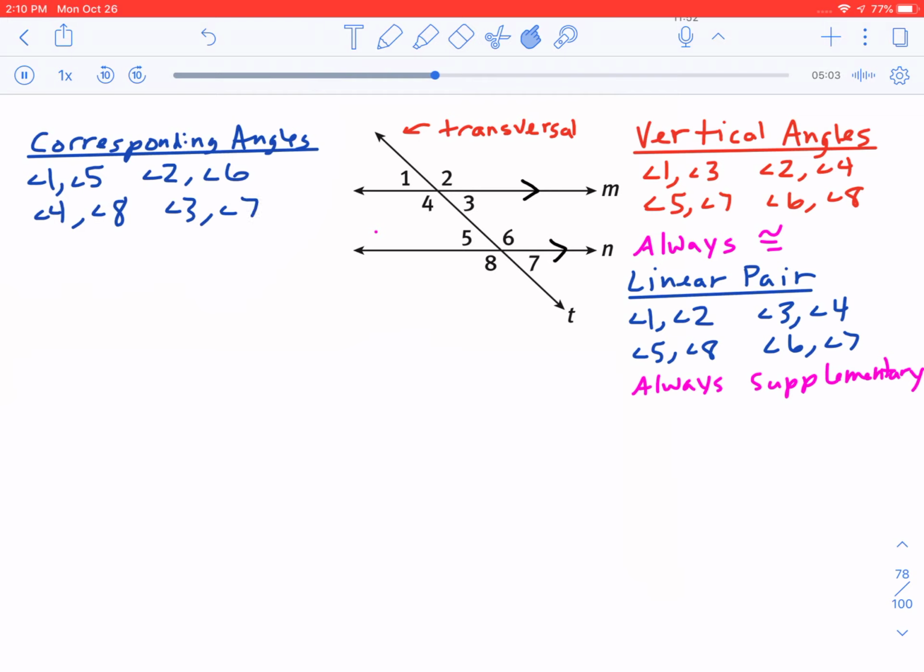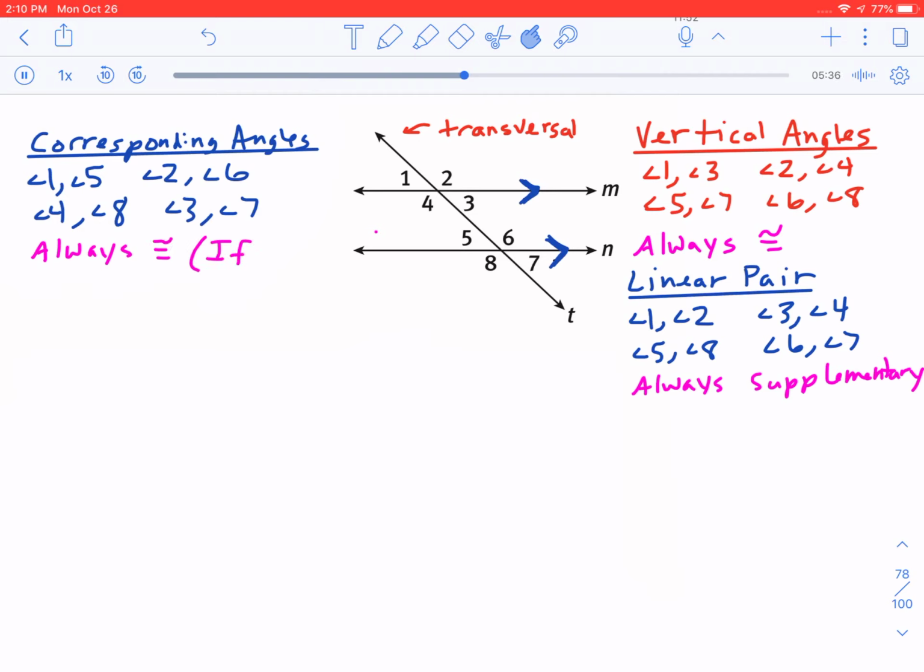Now, with vertical angles and linear pairs, I said they were either always congruent or always supplementary. Now with these, I have to look at these in order for the relationships that we're looking for to exist. These lines must be parallel. So they are. Line M and line N are parallel. And as long as they are parallel, these angles are always congruent.